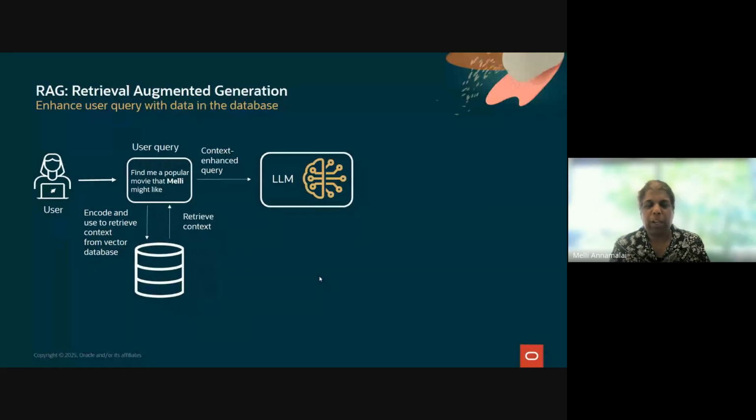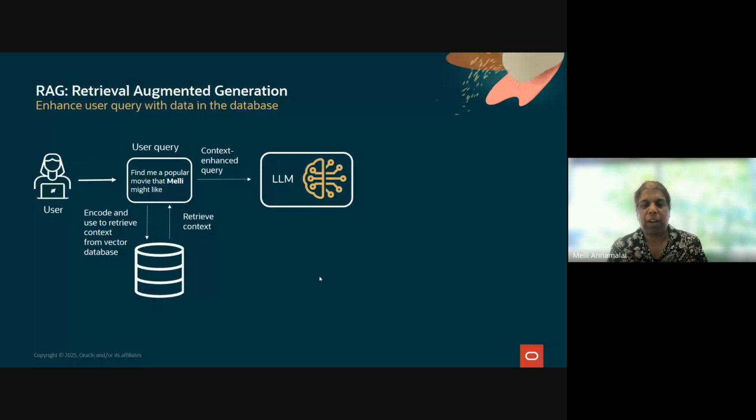So when a user query needs to refer to information that's private within a database or some kind of data store, you retrieve that context and provide this enhanced context to the generative AI service, so the response from GenAI can include the context that you have in your private data.